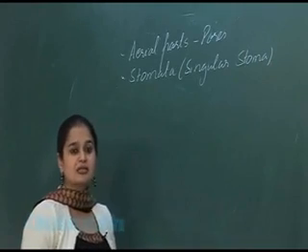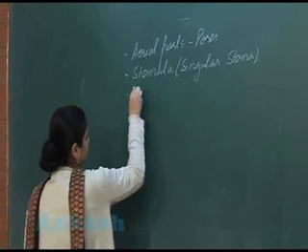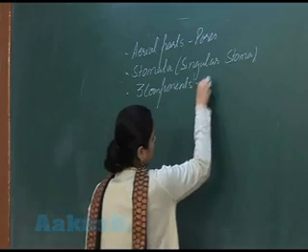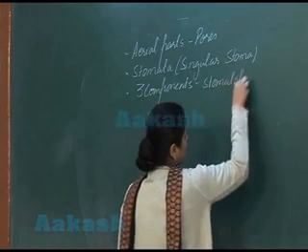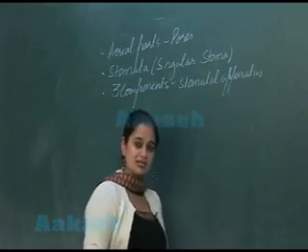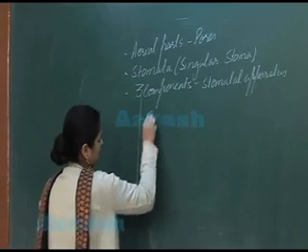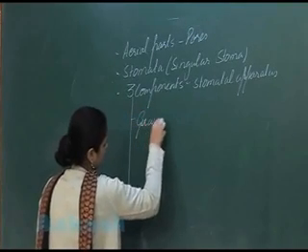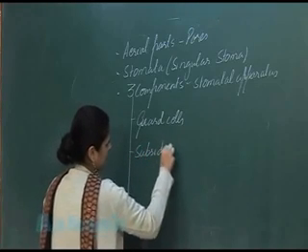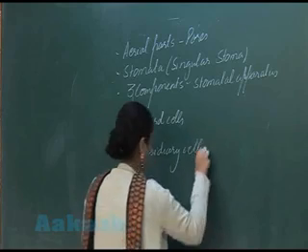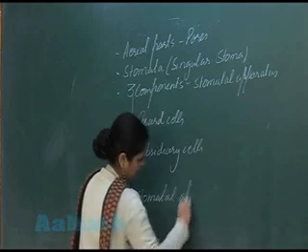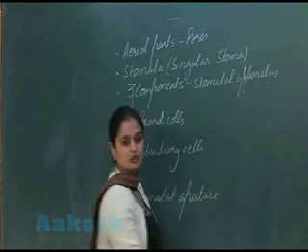Stomatal apparatus consists of three components. The three components in the stomatal apparatus are guard cells, then subsidiary cells, and stomatal pore or stomatal aperture.